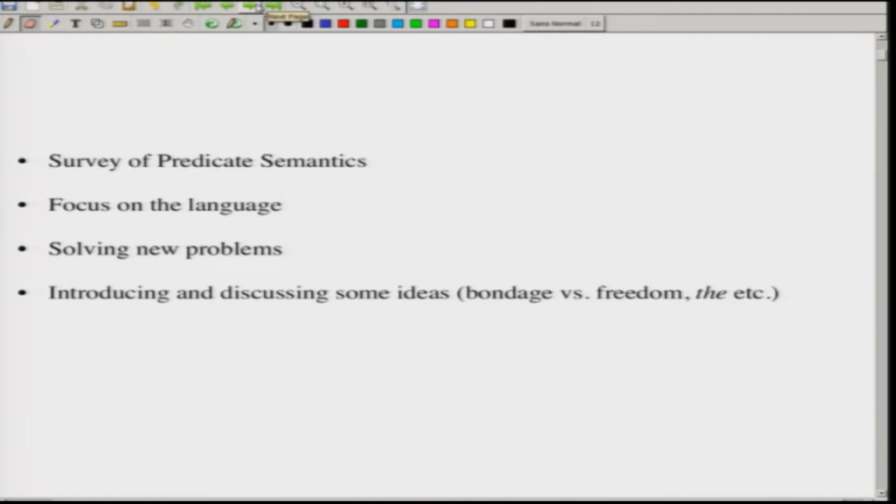For example, we did not talk much about bondage and freedom, but this is a very important idea in predicate calculus. So, we shall talk a bit about it, so that we understand semantics a little better.